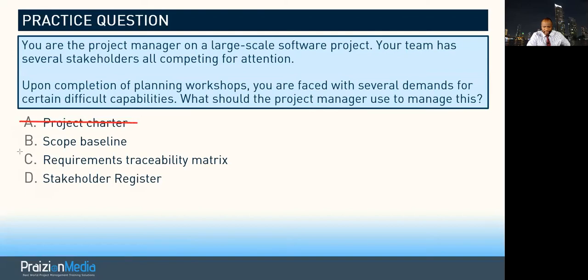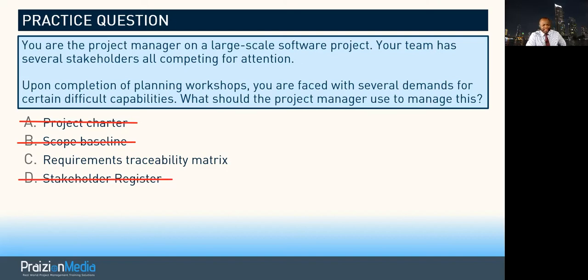We don't use that to manage requirements. The scope baseline is used to manage scope. And as I read in the PMBOK guide for you, you measure how well you have completed the requirements by the product requirements, right? So it cannot be B. And we know that it's not the stakeholder register. That is not used to manage requirements, difficult capabilities.